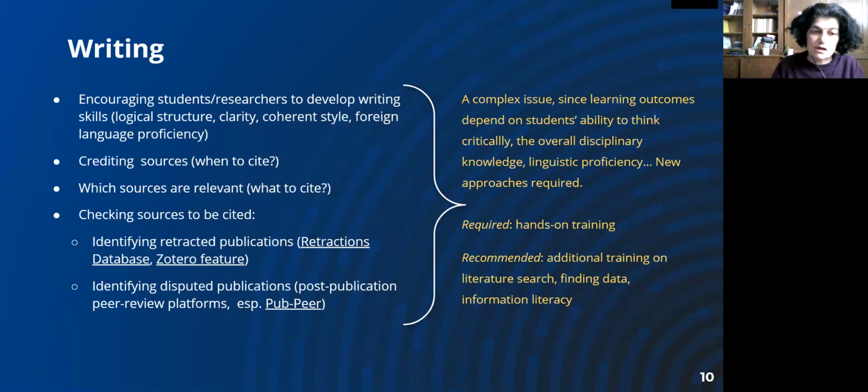I also insist, we try to, for example, explain how to credit sources, which sources are relevant. This is a difficult issue because it's related to disciplinary knowledge. And I usually try to include a retractions database.